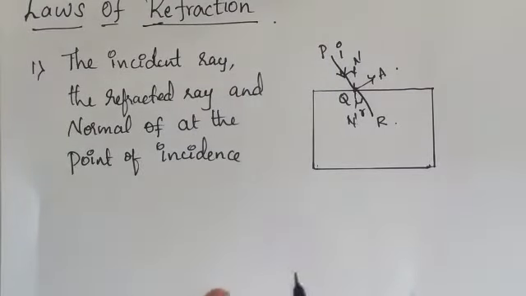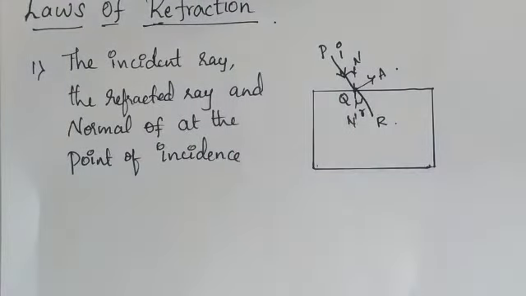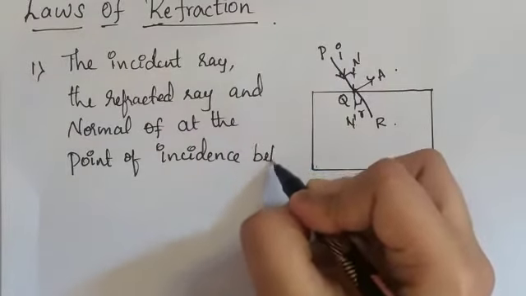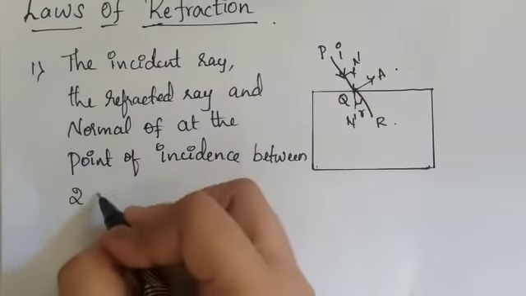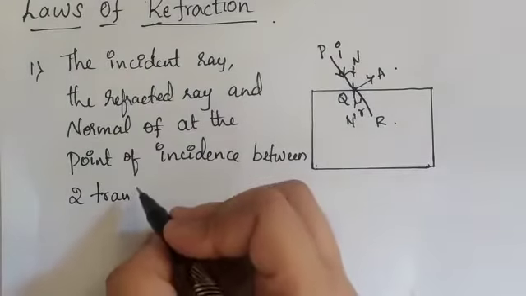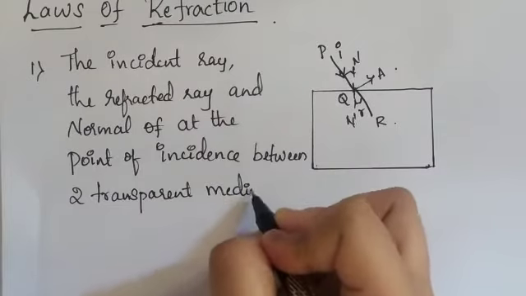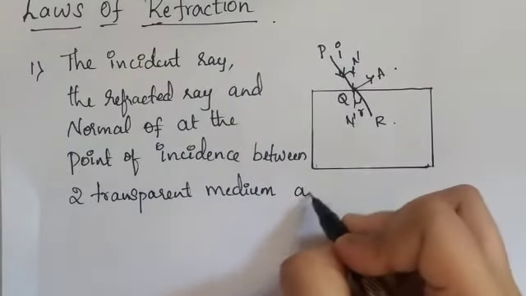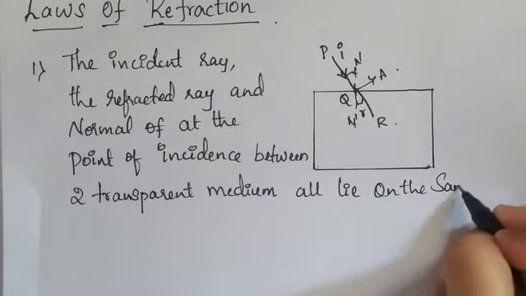Same thing: the incident ray, but instead of reflected ray, we say refracted ray, and the normal at the point of incidence, between two transparent mediums, all lie on the same plane.